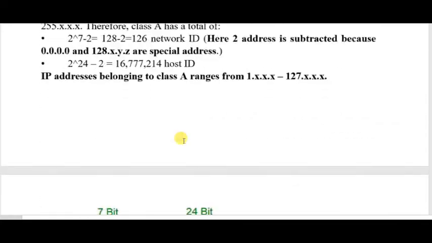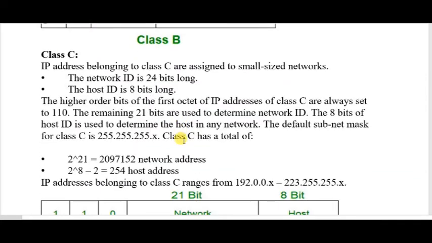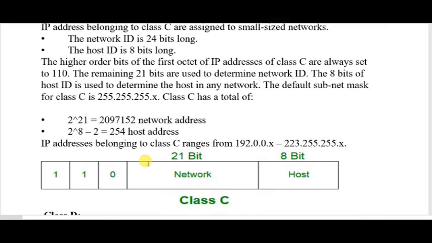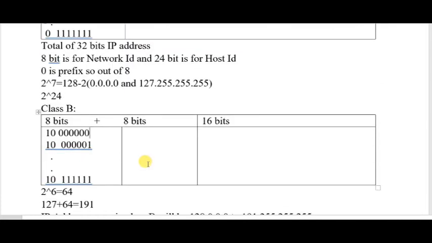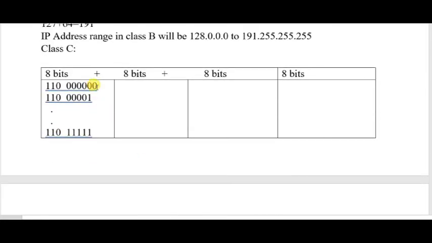In class C, our prefix value is 110. That means 3 bits are already reserved and the remaining is 5 bits. That 5 bits we can represent here. First 3 bits are reserved and then it will start from 0 and end at 1.